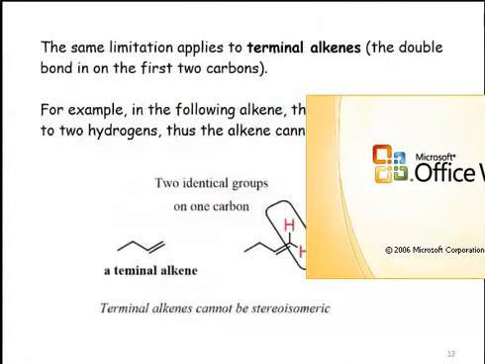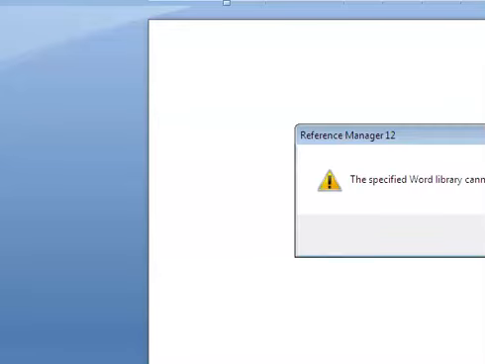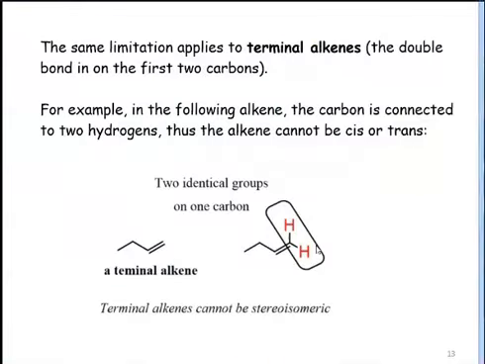The same limitation applies to terminal alkenes also. That is, if the double bond is placed in the first position, in between carbon 1 and 2. Here we can see a terminal alkene, that is the double bond is associated with the terminal carbon.